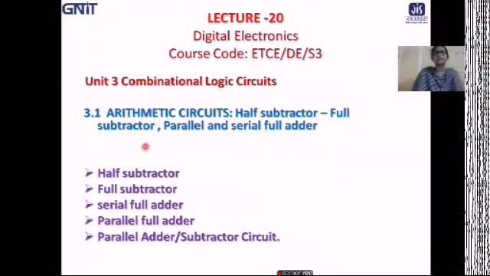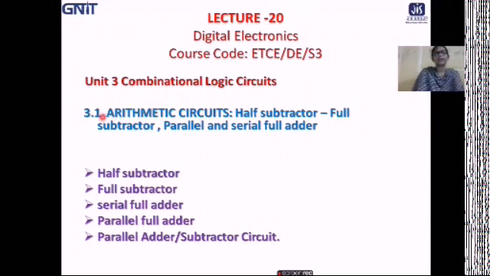Now this slide is in short the lesson plan for this particular lecture, lecture number 20. So our subject is digital electronics. The course code is ETCE/DE/S3 and we are in unit 3, that is combination logic circuits.